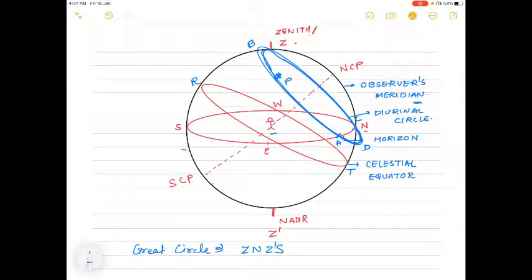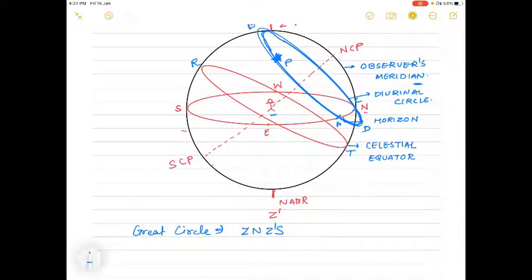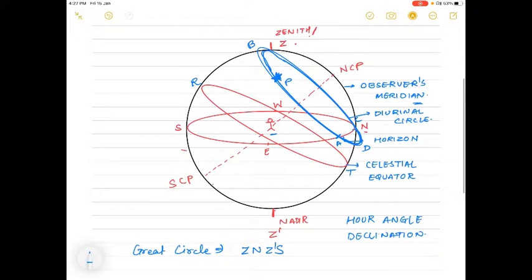Now the task is to find the local equatorial coordinates for the star at P. Local equatorial coordinates need two coordinates: one is called the right ascension and the second is called the declination. These two coordinates tell us the exact location of the star.